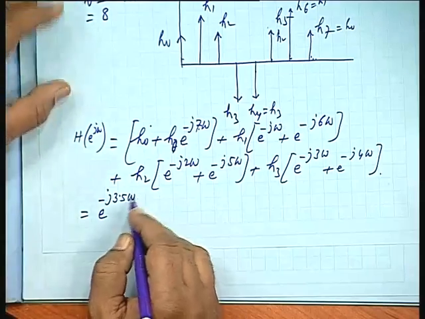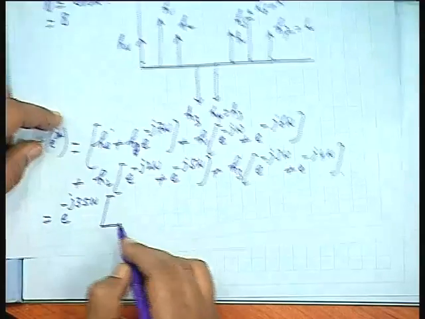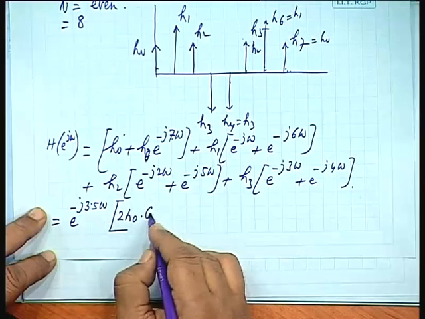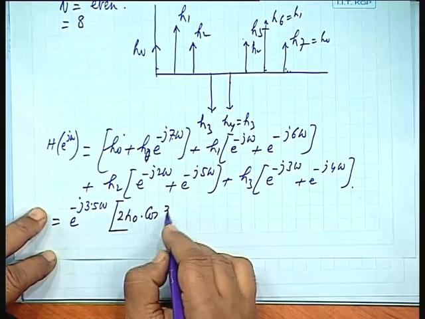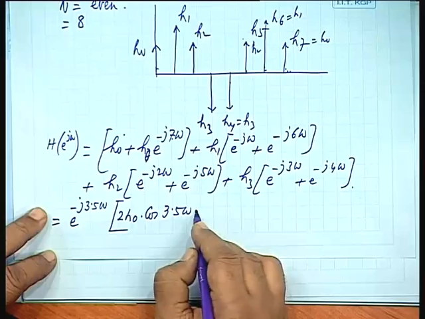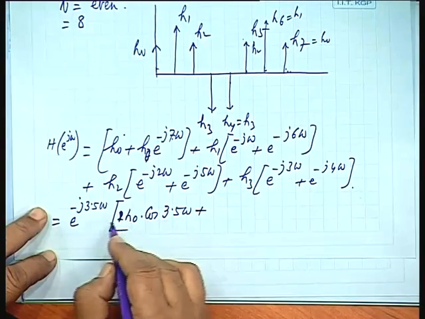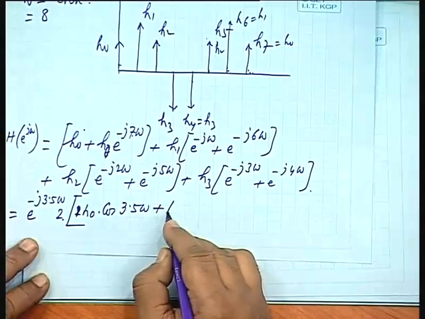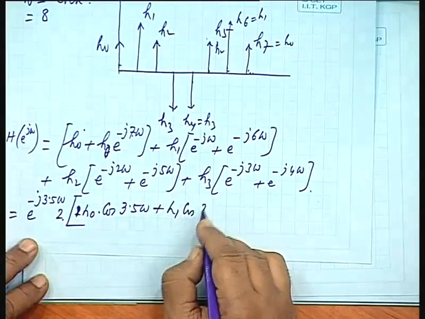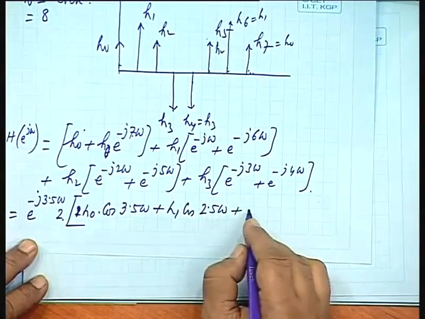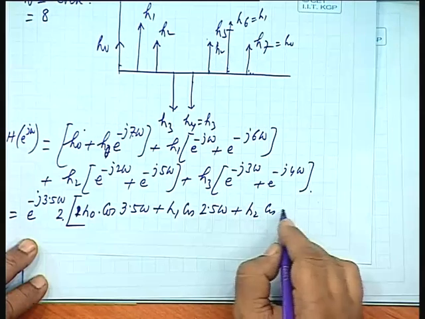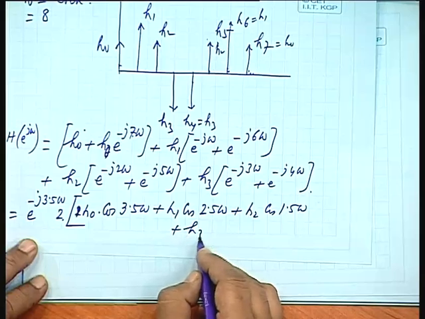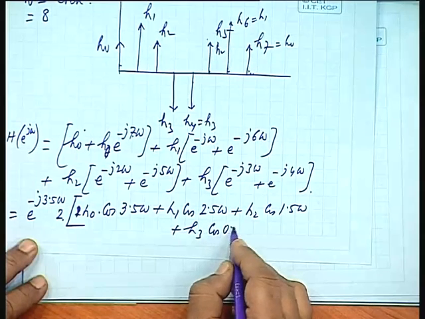Now, I will get twice H naught cosine 3.5 omega plus H1 cosine 2.5 omega plus H2 cosine 1.5 omega plus H3 cosine 0.5 omega, and I can take 2 outside since all of them are paired.